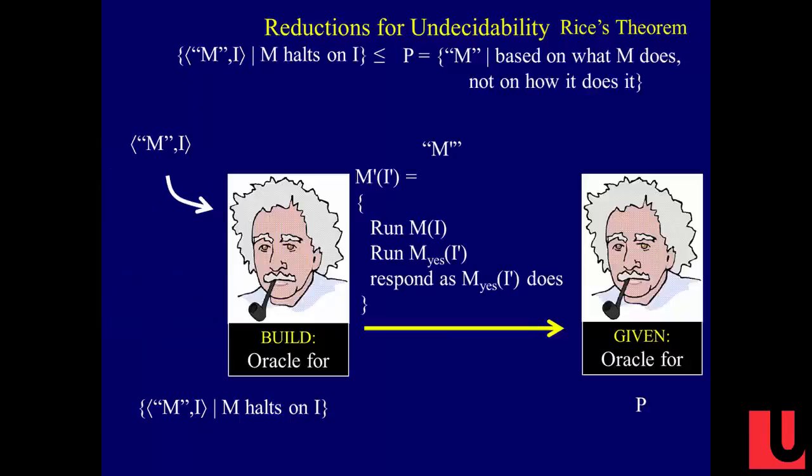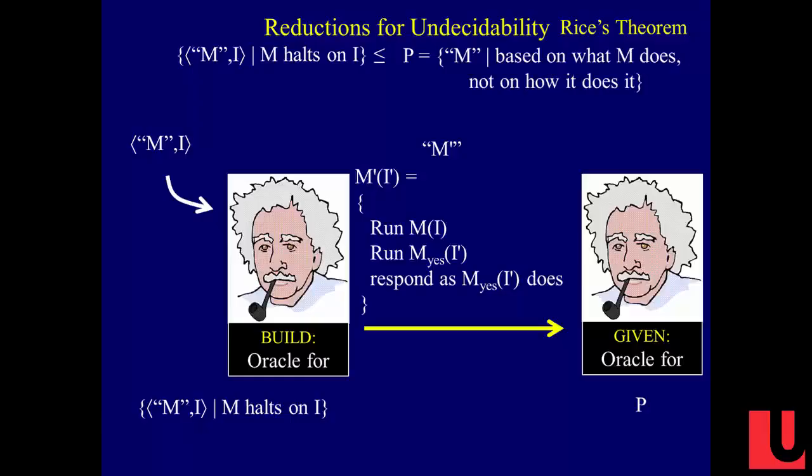What M prime does on its input is it first, as often, ignores its input. All it does is it runs M on I. That's what it starts by doing. If M on I runs forever, then M prime runs forever.